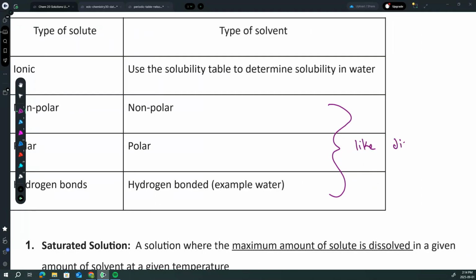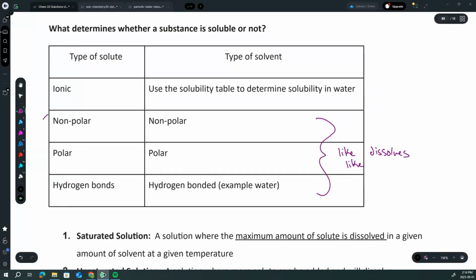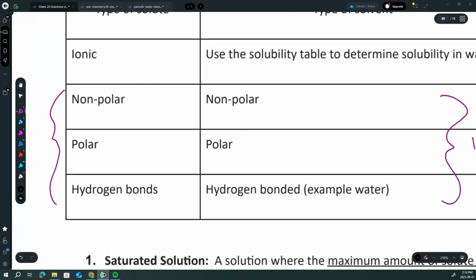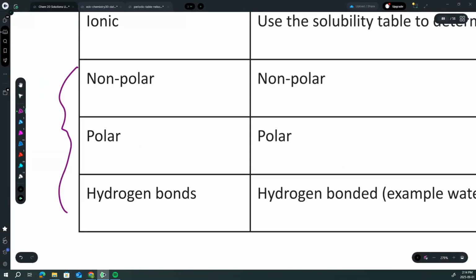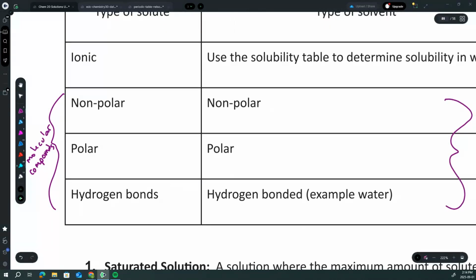So like dissolves like. And these last three things are talking about molecular compounds. So you should be able to determine if any compound can dissolve or not dissolve in a certain solvent.